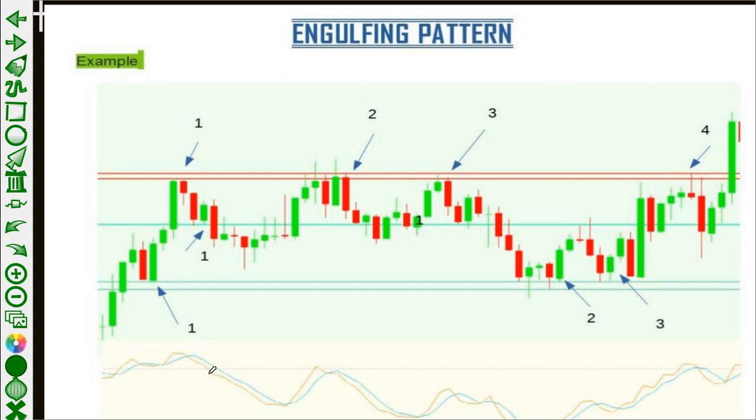For that reason, the direction of the stochastic is also important. The key thing to remember is when you are taking a put trade, the direction of the stochastic should not be facing up. And in a similar manner, when we are taking a call trade, the direction of the stochastic should not be facing towards the downside.